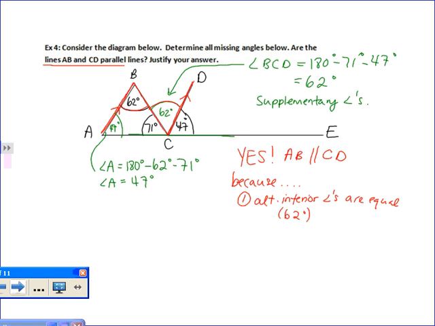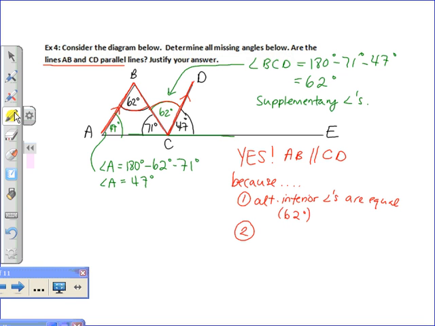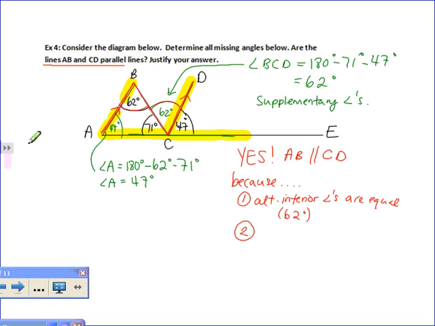Okay. The second reason that I can see here just by looking at this is that I also create an F shape when I look at this diagram. I can see here that my interior angle of 47 degrees is also equal to the exterior angle of 47 degrees. I have an F on its back, and so I could also say here that's also a great proof of that.